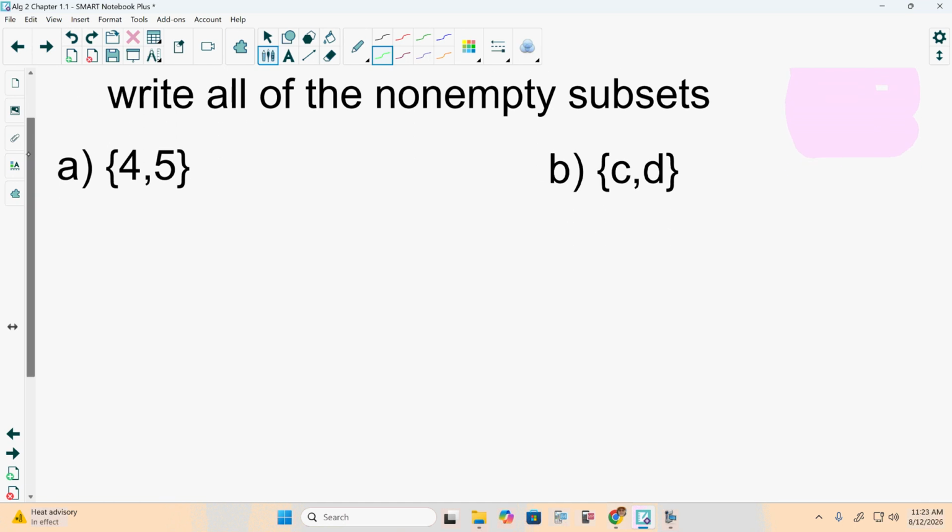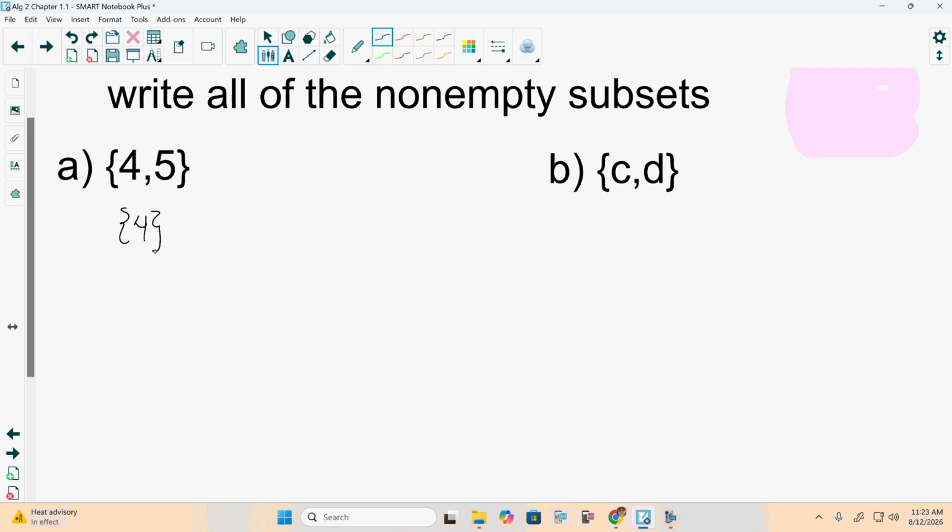So if we're going to write non-empty subsets for the set 4, 5, well, I know one of my subsets would be the set containing the number 4. That would be a subset, yes? Because the set containing 4 is contained in the set 4, 5, yes? What does that also mean?